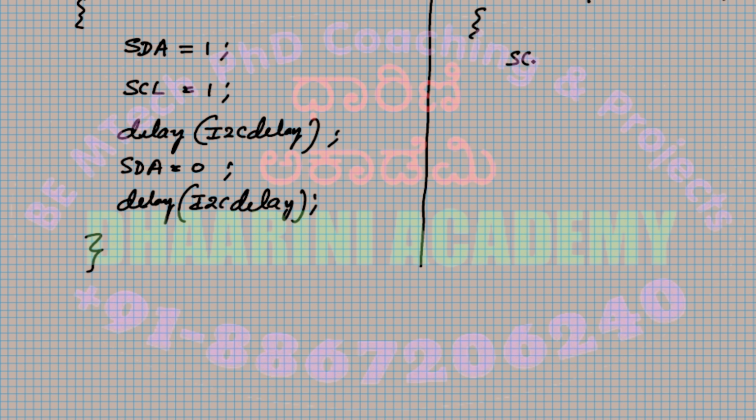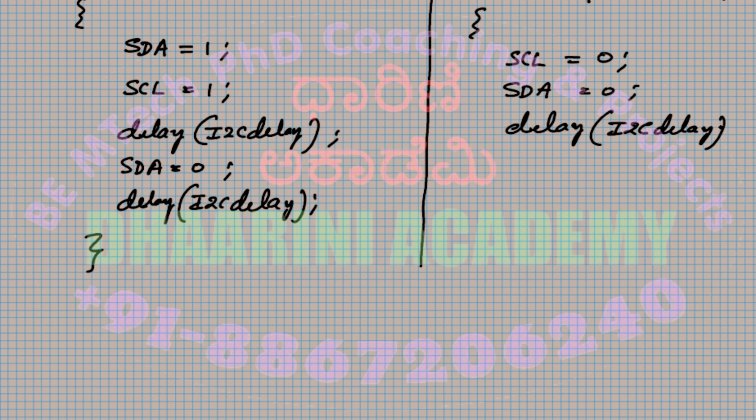So SCL is low, and SDA is also, let's assume, initially low. Then I call a delay, the I2C delay, and I pass that value. It gives a delay of a certain amount. We'll write the delay function later.